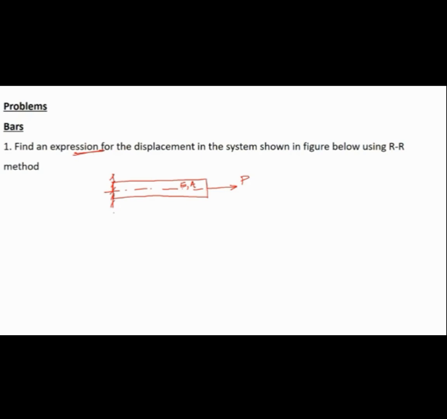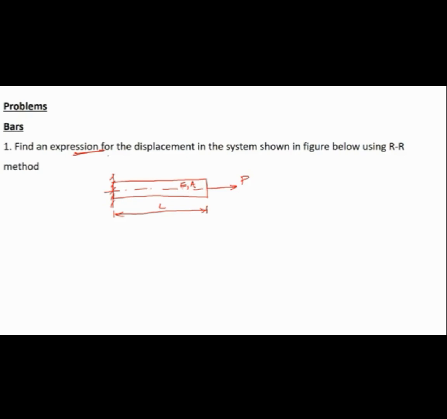If values are given, you can substitute the values finally after getting the expression. So this is the bar which has a length L, a Young's modulus E, of some particular material, and area A, subjected to an axial force P.